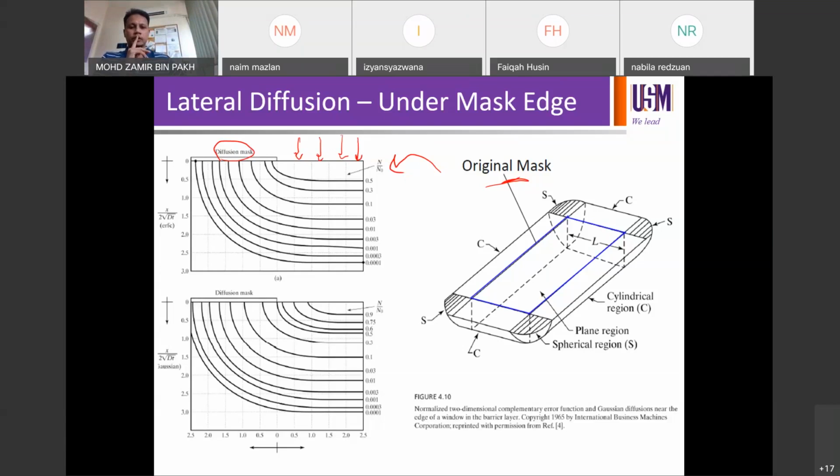But due to the nature of the diffusion process, which has a lateral component as well, you see your junction forming: the dopant diffuses vertically into silicon, also has some diagonal component at some degrees from the normal angle, and also some lateral component under the mask. So this is how you end up on your device.